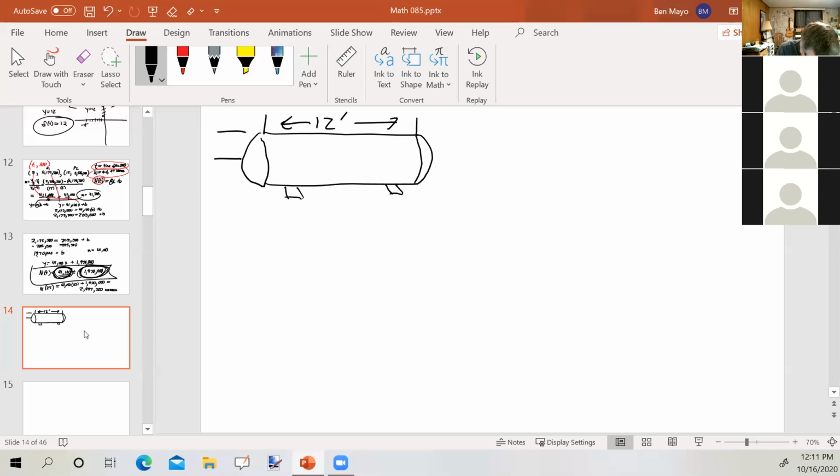The radius we're going to call R. So it's 12 feet from here to here, and the radius of this end cap is R. It says the volume, V of R, of the gasoline storage tank in cubic feet is given by the polynomial function V of R equals 4.2 R cubed plus 37.7 R squared, where R is the radius in feet of the cylindrical part of the tank.